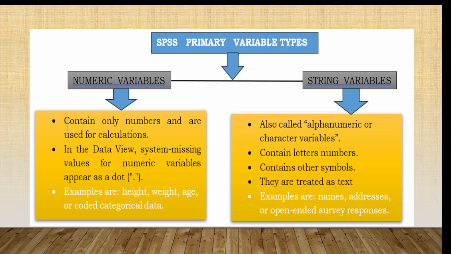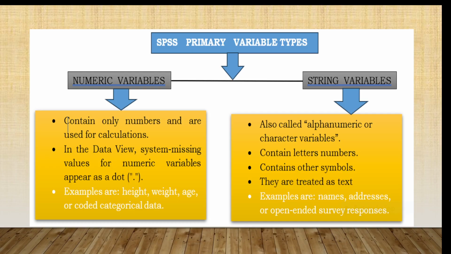SPSS primary variable types are two: numeric variables and string variables. The numeric variables, as the name indicates, include numbers and do not contain letters.